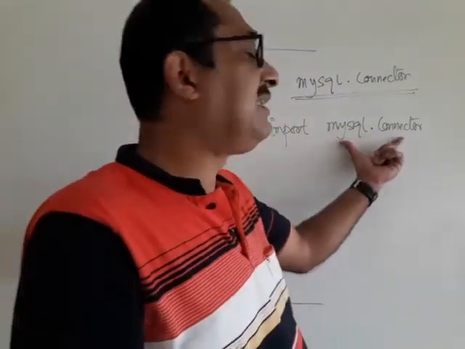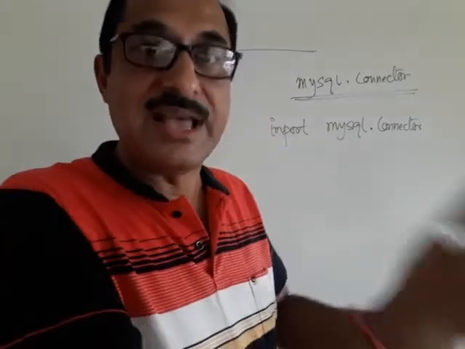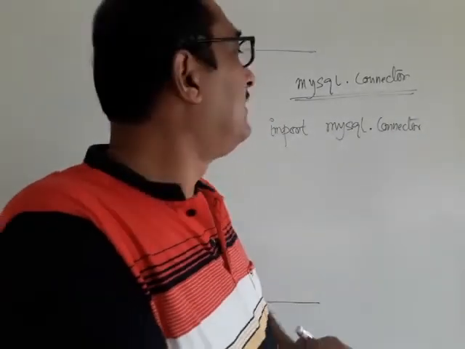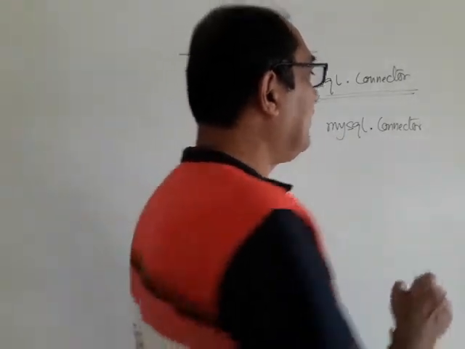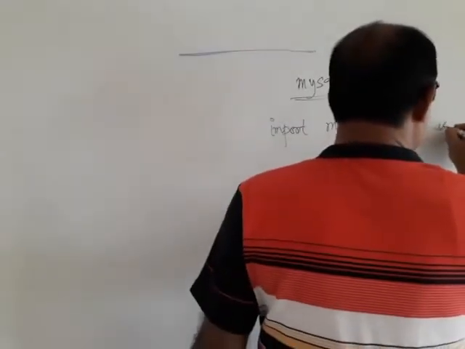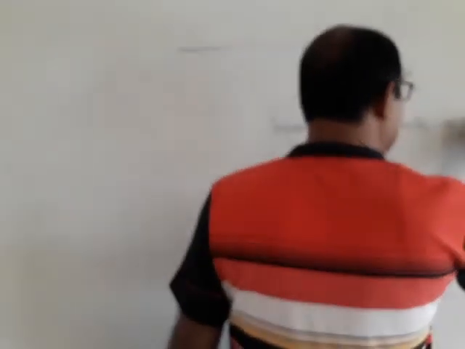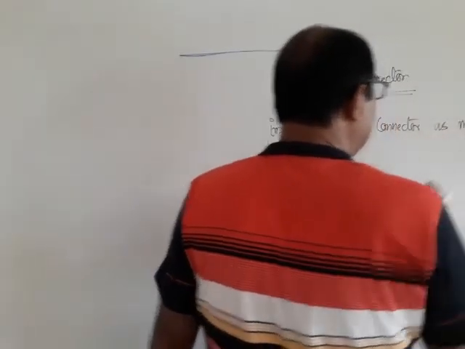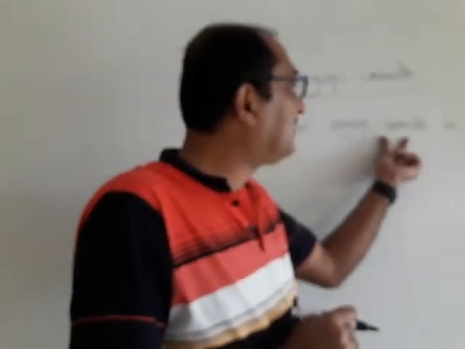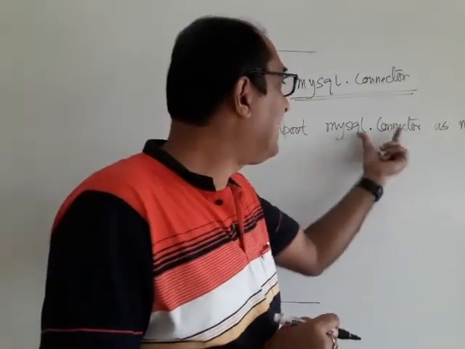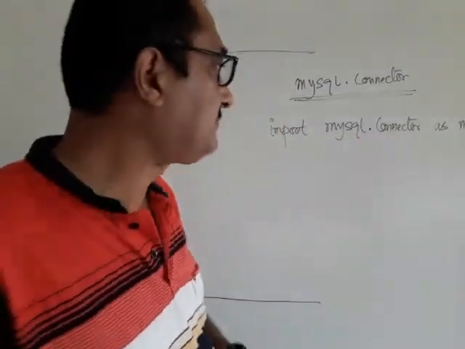Obviously, when you use a package, you need to write package dot functions or modules in order to access the modules under it. If you want to avoid writing such big names, you can use the keyword as and write a short name. Say I wrote the short name as MC. So it becomes import mysql.connector as MC. That means MC will be a short name for this whole thing.